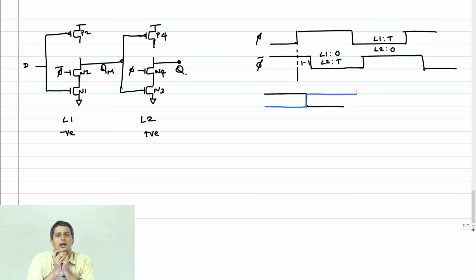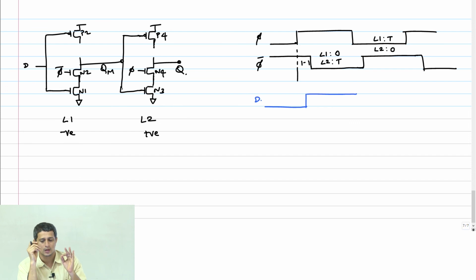Which condition should I analyze? 0 to 1. Why? Because if D goes from 1 to 0, there is no pull-up path. Therefore, that's not even going to go through. That change cannot even go through to QM. So forget about Q. Therefore, I can ignore this condition completely. I am going to look at only this particular condition: D going from 0 to 1 in that overlap.